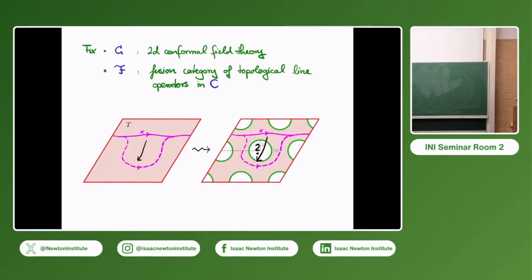So let's try. So I first look at this area, and I expand these two parallel topological defects in a sum over simple defects. So I'll still have the sum over A in F, dim A.